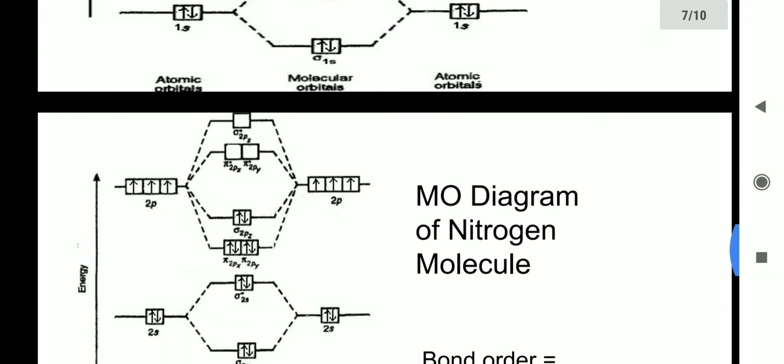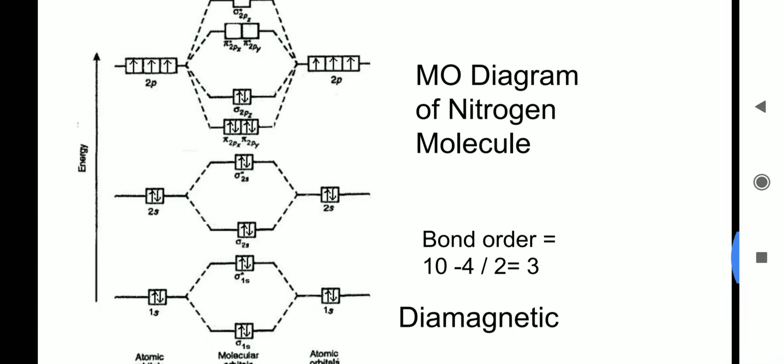Now let us move to the important case of nitrogen. Nitrogen is a lighter nuclei, so pi 2px, pi 2py is placed below the sigma 2pz orbital.